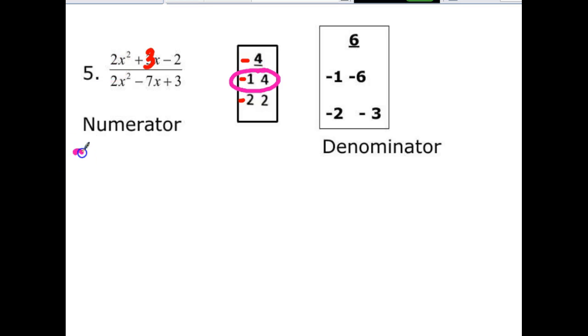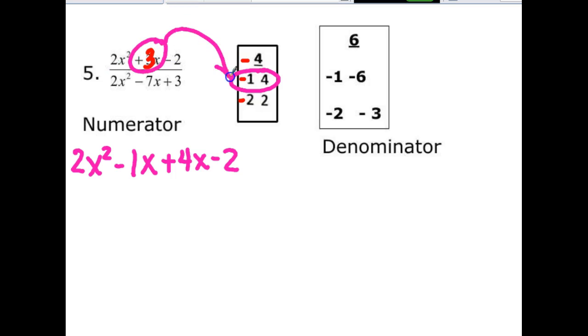Because this number is 2, I have to use the long factoring. In place of this 3x, I have to put these factors that I found. Do you remember how to factor by grouping?